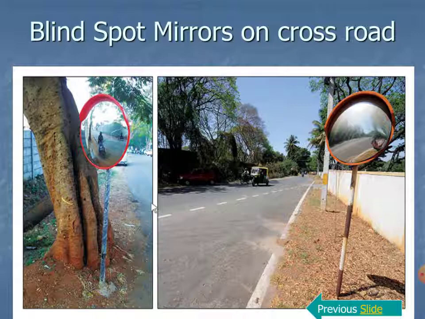The other road, I should say, cannot be seen from this side. When you approach from this side, you can't see the traffic on the other road. So if you place a mirror like this, you can easily see. So these are blind spot mirrors. These blind spot mirrors are nothing but spherical convex mirrors of larger aperture, right?